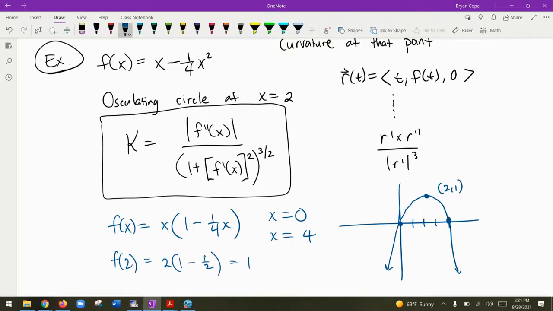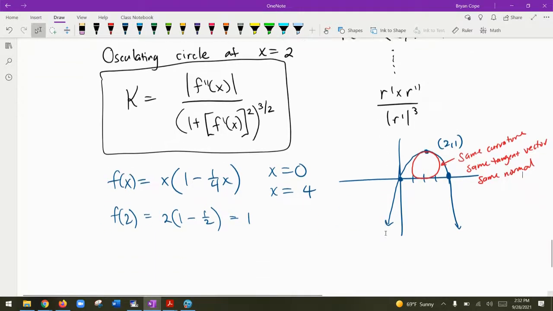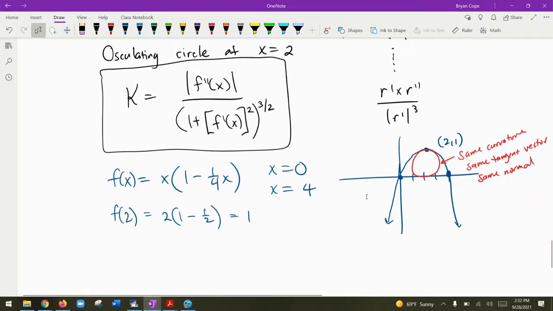What we're trying to do is fit a circle in here that has the same curvature, the same tangent line or tangent vector, and the same normal. To find the equation of that circle, we need to find the curvature of our parabola at that point.